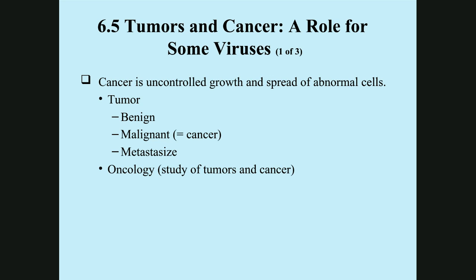All cells really have this programmed apoptosis. Apoptosis is programmed cell death, so that if a cell is behaving weirdly, it will self-destruct. Unfortunately, in cancer cells, that gets turned off. So they divide like crazy and make more of themselves. They don't die when they should because they're acting weird.